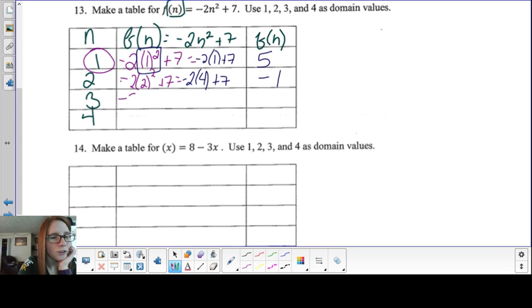All right, we got negative 2 times 3 squared plus 7. Three squared is 3 times 3, which is 9. So I have negative 2 times 9 plus 7. Negative 2 times 9 is negative 18. Negative 18 plus 7 is negative 11.